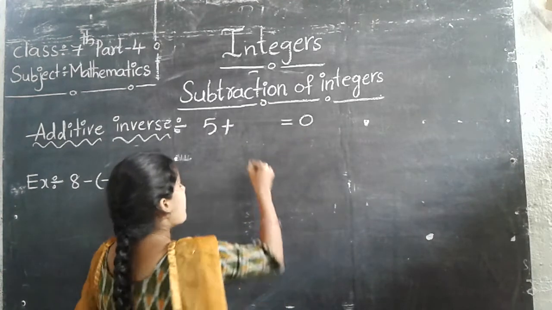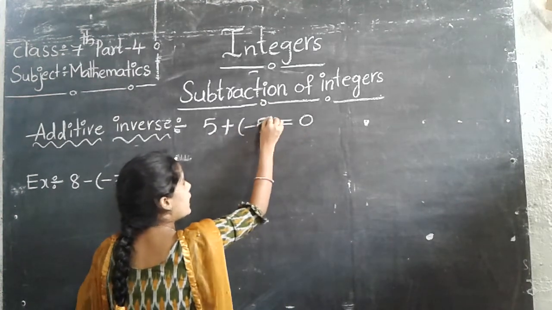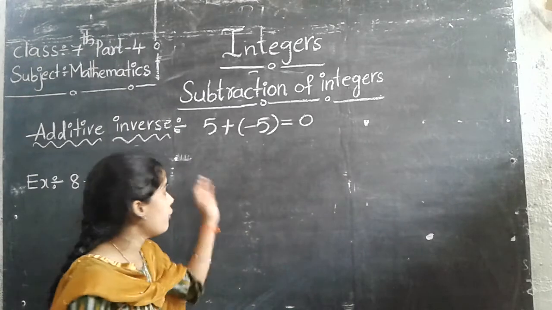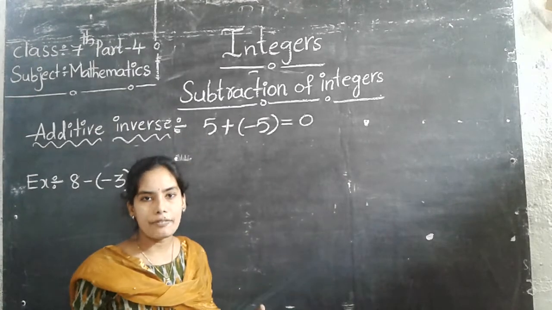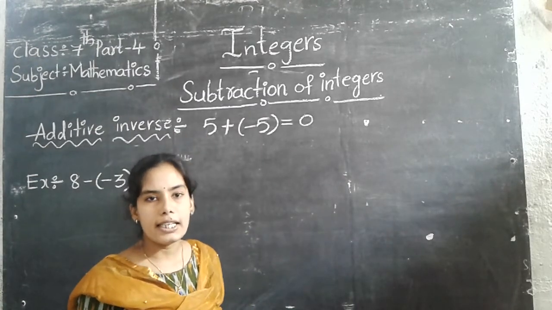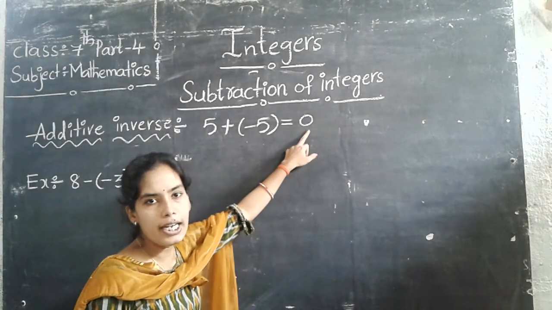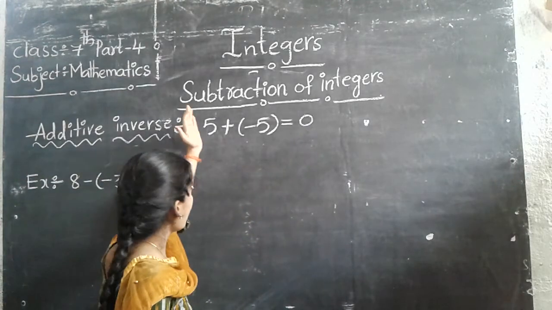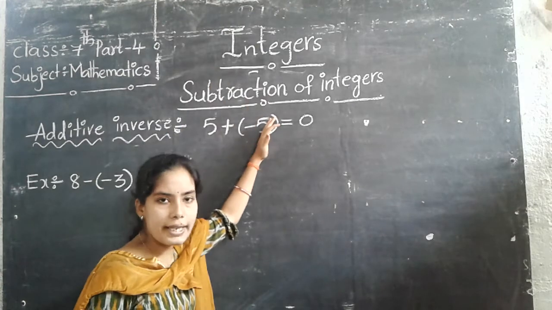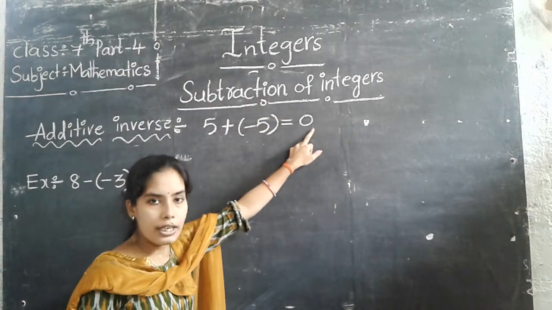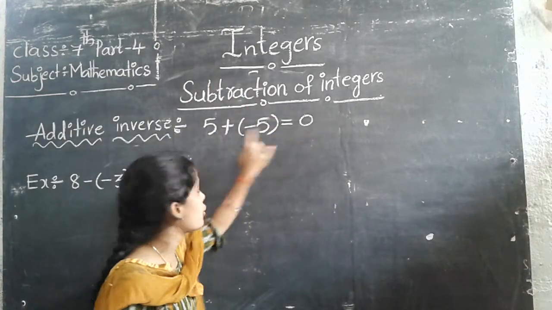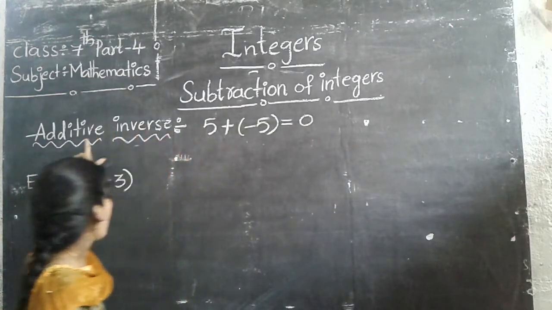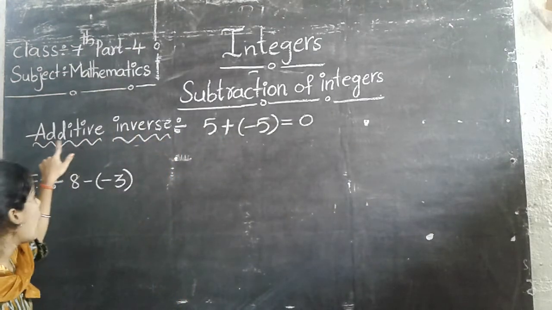That is minus 5. If we add 5 and subtract 5, what do we get? Nothing, that means 0 only. If we add the same number and subtract the same number, we get the sum 0. So this is called additive inverse.